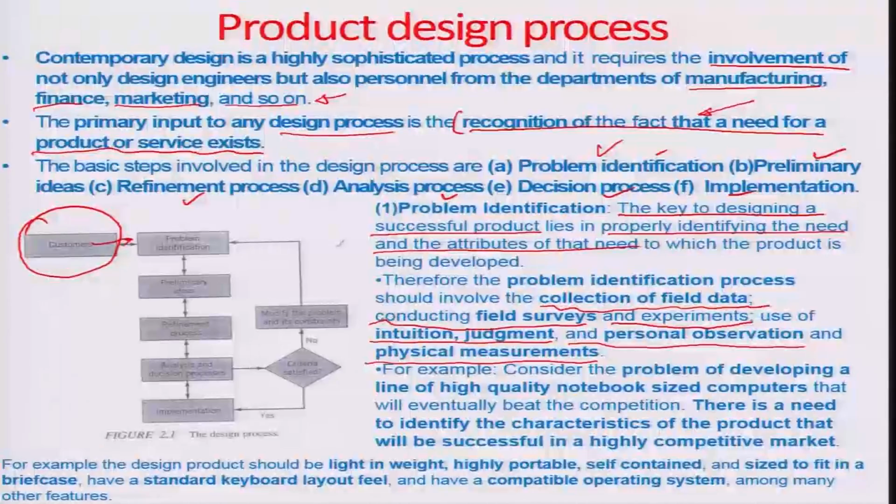So, a good example could be that if I consider, let us say, the problem of developing a high quality notebook. Notebook is something that is more carryable. There is a need to identify some characteristics like light in weight, for example, highly portable, self-contained systems, size to fit into a briefcase, may have standard keyboard.